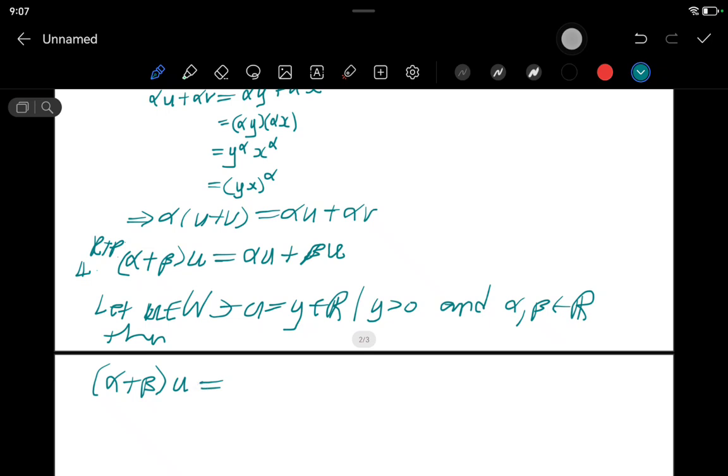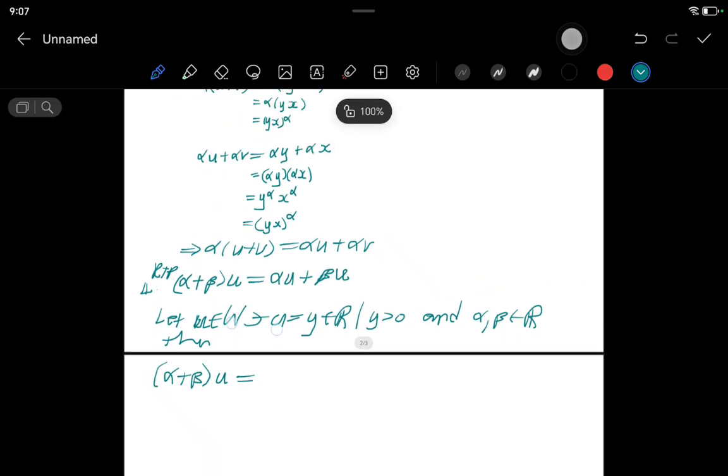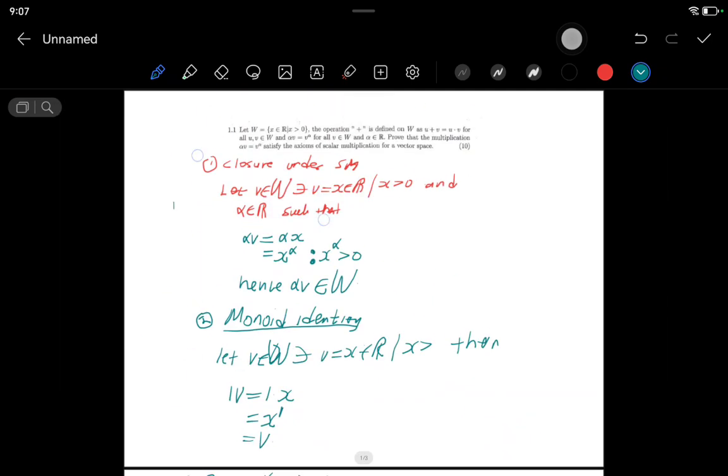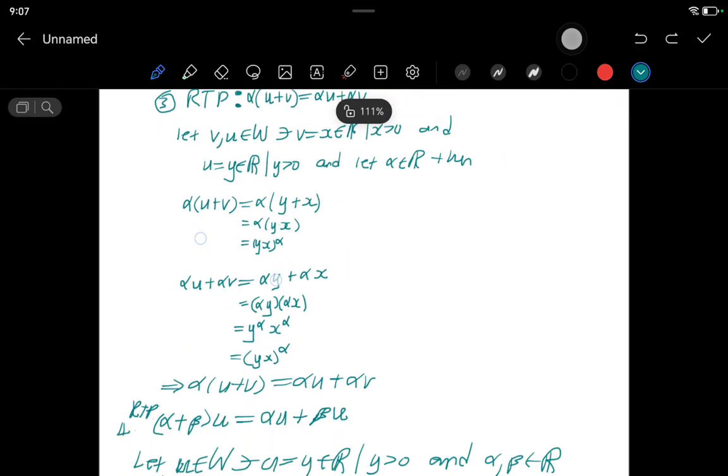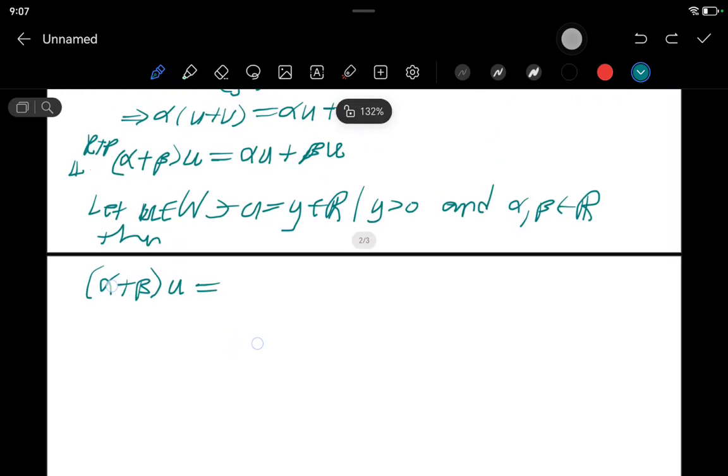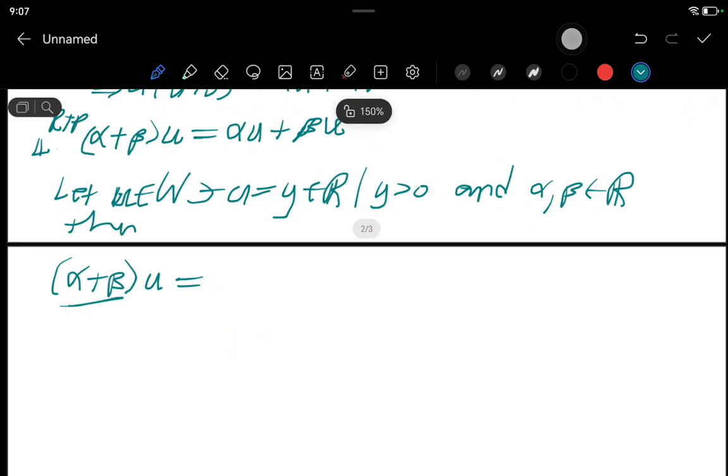Am I going to apply the one of a vector or the scalars? Do we have anywhere in the definition where we're adding scalars? No. So it means that the scalars will stay like that, and then we apply the scalar multiplication. We won't add these two because there's no condition of adding scalars there. So we'll only do this. We'll say this is alpha plus beta. Do you agree?